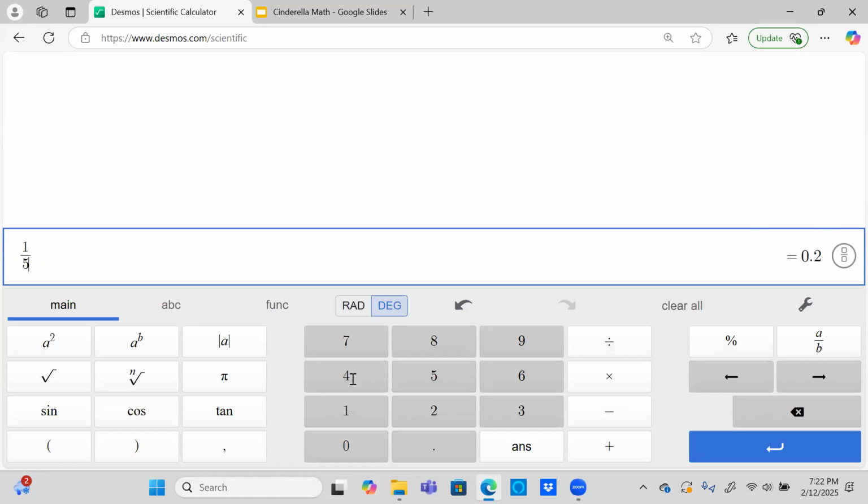See how it turns it to a decimal very easily. So we could say 1/5 is 0.2 and then go once, twice, 20%. So this basically cuts out that long division. Okay. That's where this is most helpful when you have fractions.